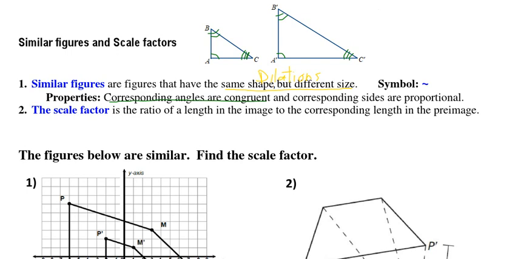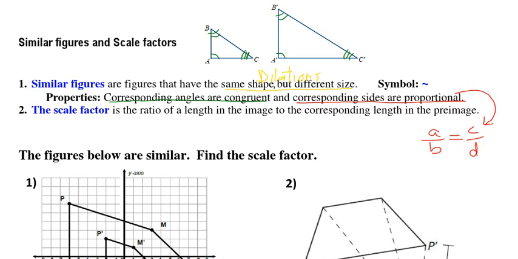The second property, corresponding sides are proportional. First, we need to remember what a proportion is. And a proportion is simply something like this. What is it? It's simply an equation that says that two ratios are equal.